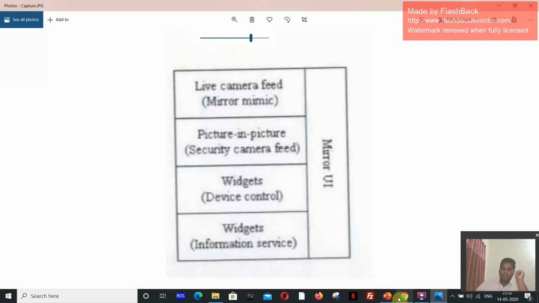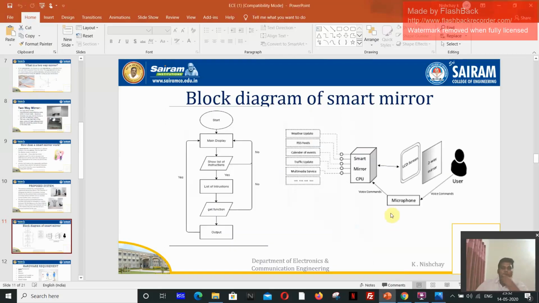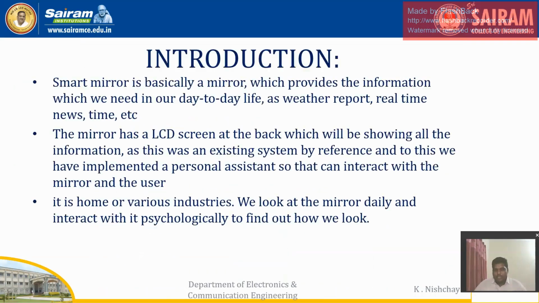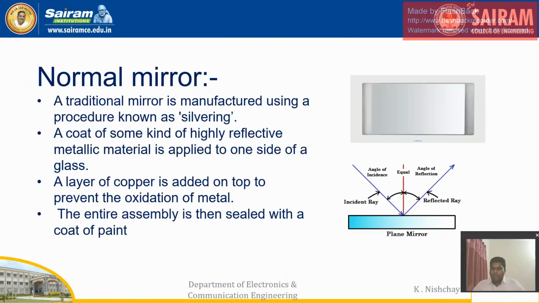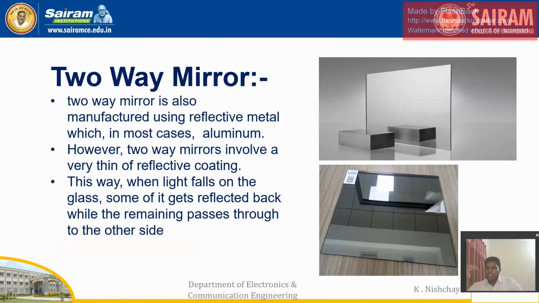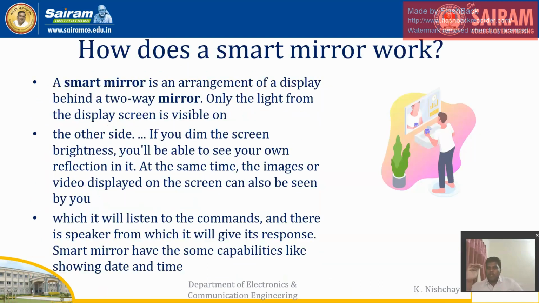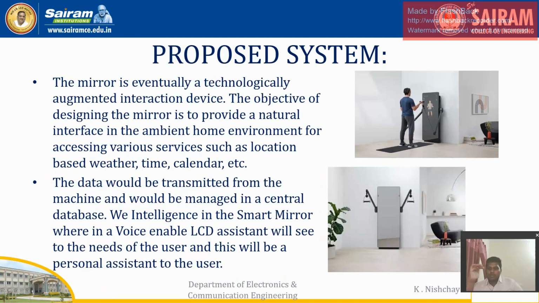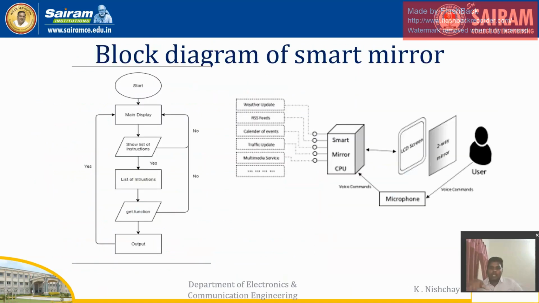Now, going back to the presentation, you can understand how the smart mirror works based on the block diagram step by step, how inside the smart mirror works based on the command I showed you.